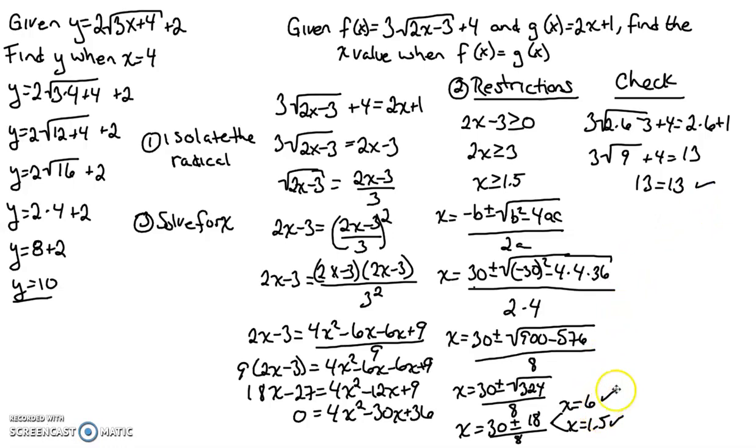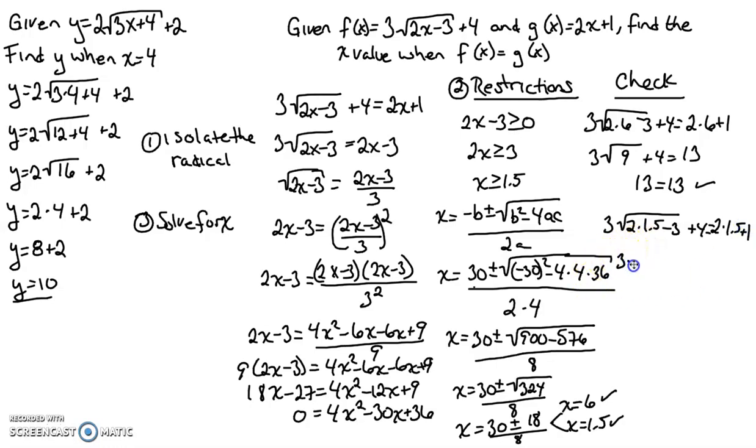Let's also check x equals 1.5. We'll end up with 3 times the square root of 2 times 1.5 minus 3 plus 4 equals 2 times 1.5 plus 1.